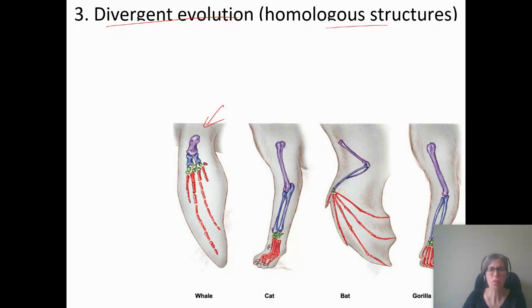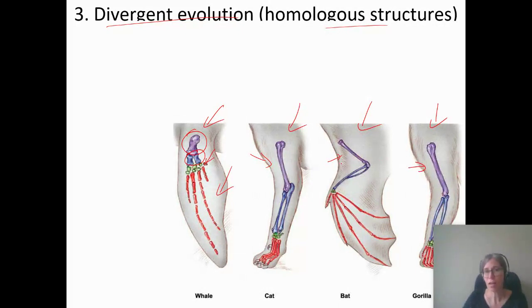So if you look at a whale's flipper and a cat's forearm and a bat's wing and a gorilla's arm, they have the same bones inside. They have a humerus and a radius and an ulna, and they have little wrist bones, and then they have finger bones. So even though at first glance, these structures, a flipper and a wing, don't look much alike, inside, you can see the bones, and they do look alike.